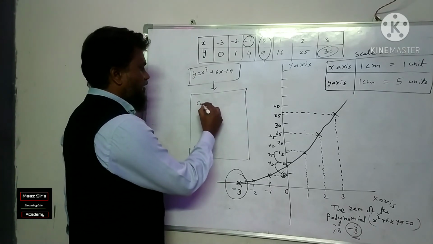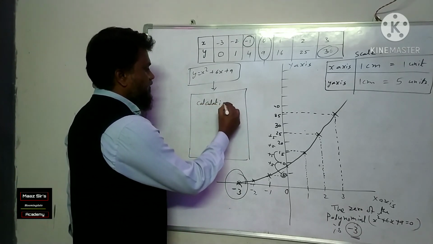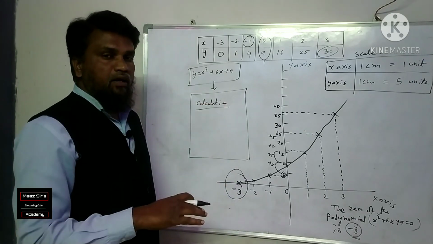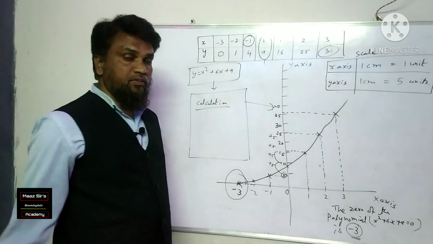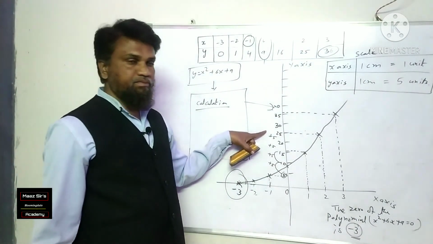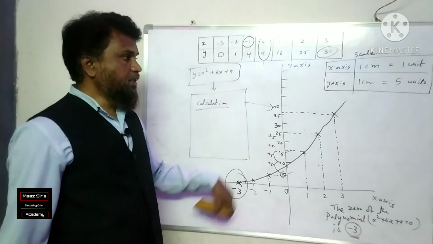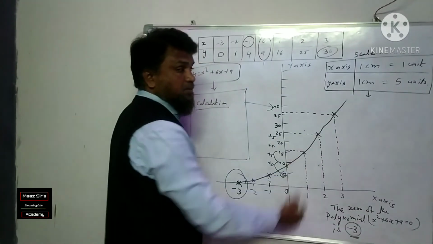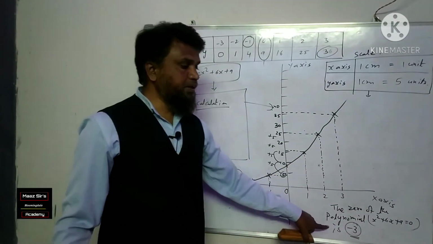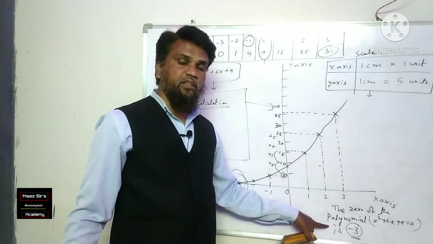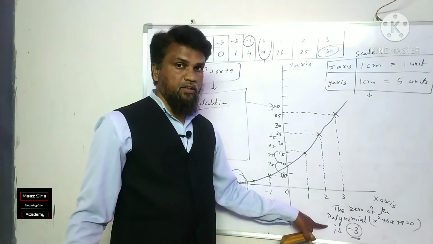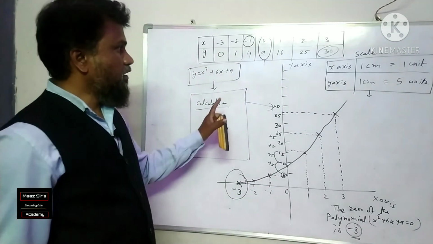On the front of the graph sheet you have to draw the graph with pencil, and after drawing this you have to write the scale. Why? Because it also carries marks. And finally you have to write the answer here. For writing the answer also you will get marks. Is it clear? So remember this format.